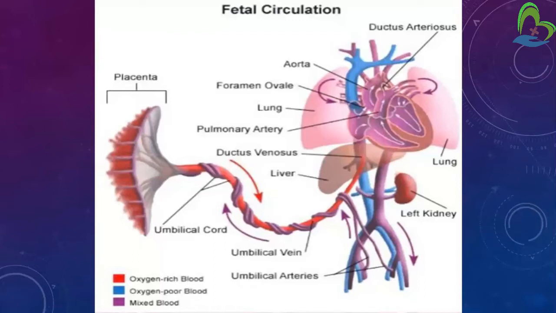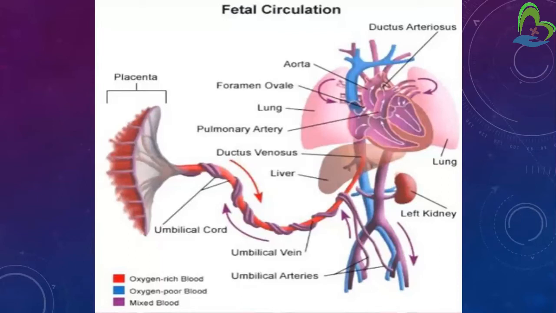Then from the right atrium, we have seen that there is the foramen ovale, the opening between the right atrium and left atrium, so the mixed blood goes to the left atrium. Then from the left atrium, this blood goes to the left ventricle. Then from the left ventricle, it goes to the aorta. From the aorta, this mixed blood is supplied to the whole body.